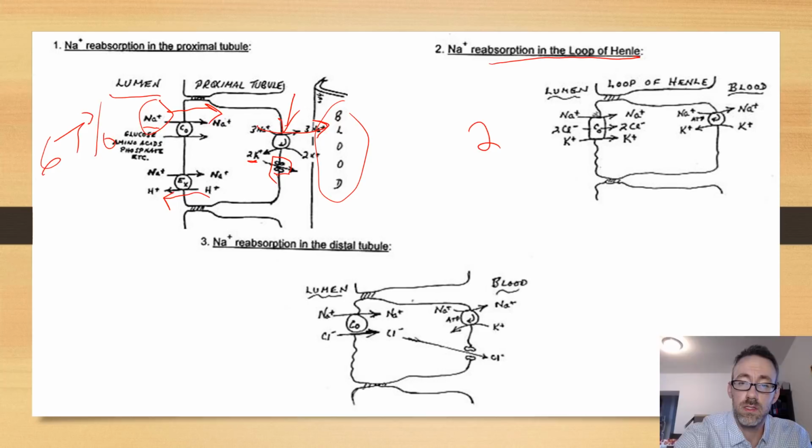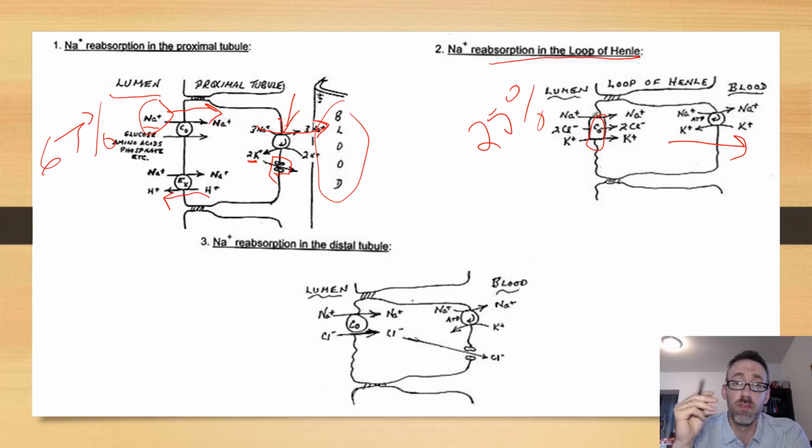And in the thick ascending loop of Henle, remember it's impermeable to water, but on the apical side we have this transporter that's moving sodium, chloride, and potassium, ultimately to be distributed into the interstitial space of the renal medulla, to create a really large concentration gradient so that we can reabsorb water from the collecting duct, for example.